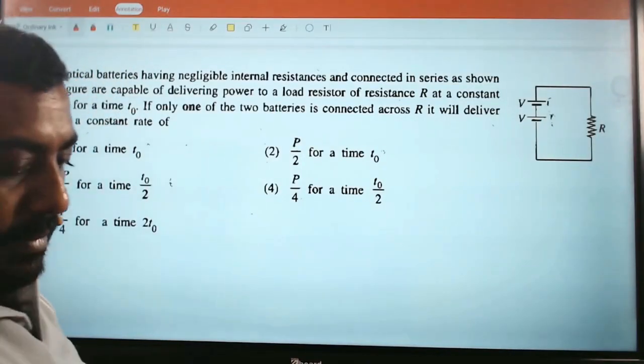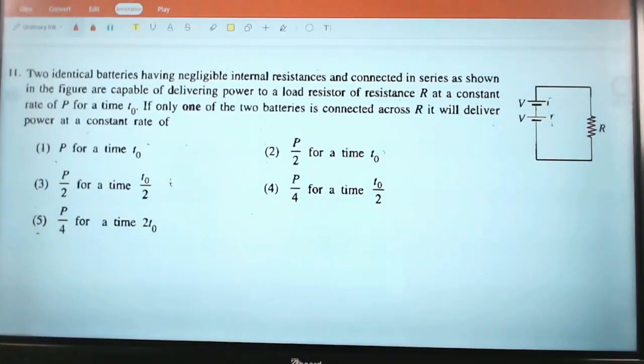2 identical batteries having negligible internal resistance, connected in series as shown in the figure, are capable of delivering power to a load resistor of resistance R at a constant rate P for a time t0. If only one of the 2 batteries is connected across R, it will deliver power at a constant rate.